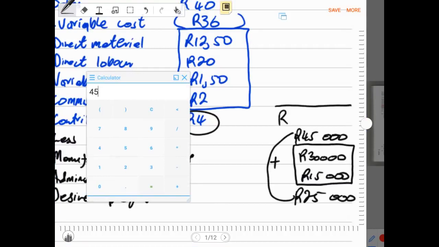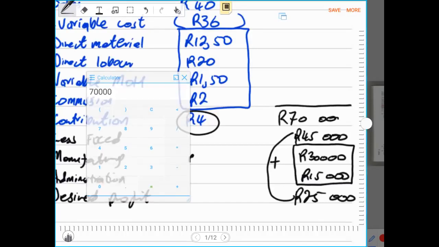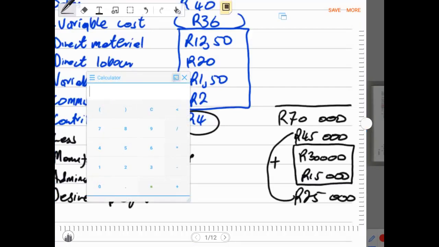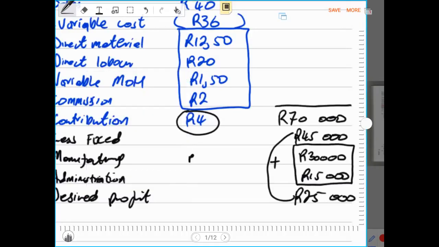Therefore, now we'll have to say 45,000 rands plus 25,000 rands, and this will give us 70,000 rands. 70,000 rands now will be our contribution margin in total.